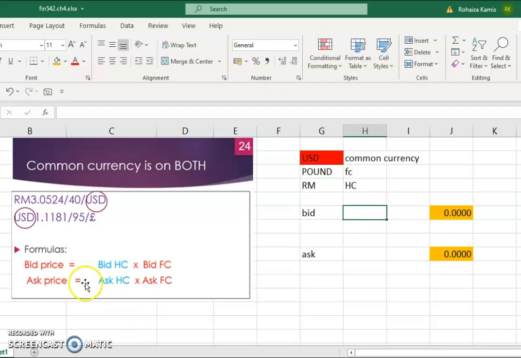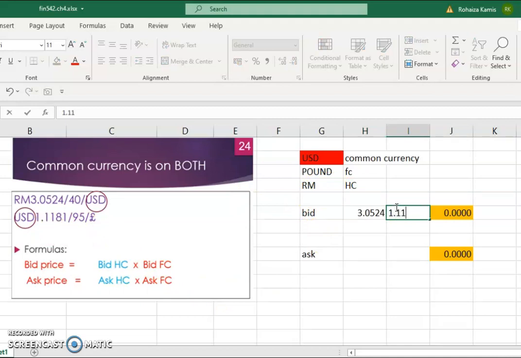So the formula for both sides is bid times bid. We take the bid home, which is 3.0524, and then we take the bid foreign, which is 1.1181.